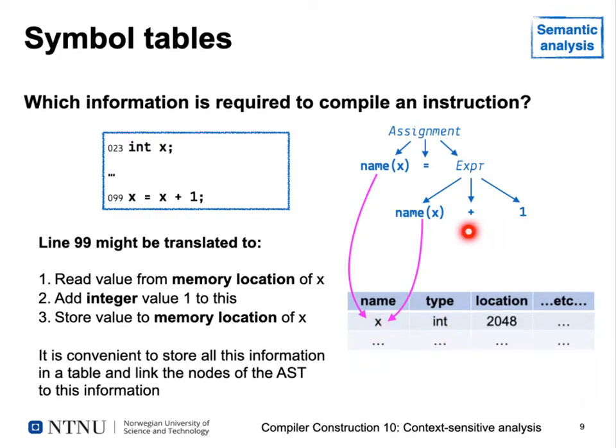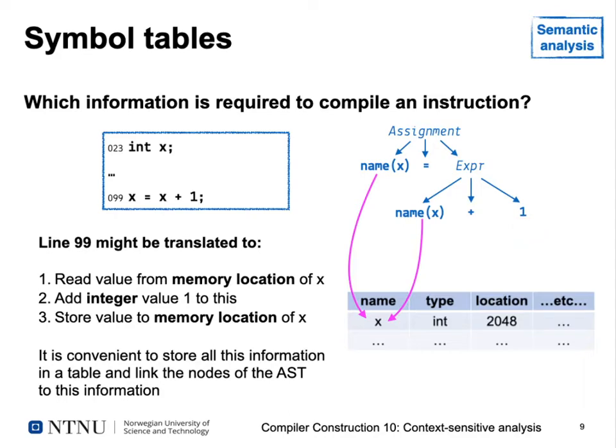So something +1 is an addition of an integer 1 to something else, which should also be an integer, so the name of x. The x should also be an int. Well, it is an int, and we need to load x here, so we need to check its location. So we have a location for x, it's 2048. So we can load something from this memory location. We know it's an integer, so we know we can add the constant 1 to it.